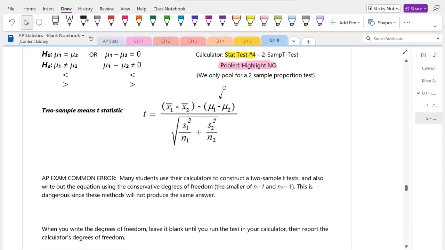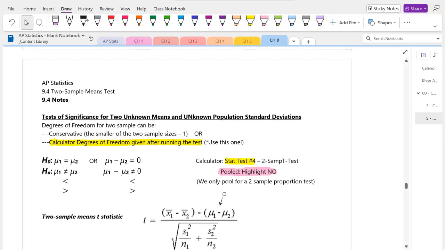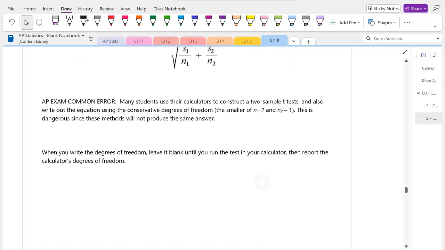So just a quick note, the AP exam common error: many students use their calculators to conduct a two-sample t-test, which we will do. Also, writing out the equation using the conservative degrees of freedom. This is dangerous because these methods will not produce the same answer. So back up here to the top, there are two ways of getting the degrees of freedom for a two-sample t-test, but they will get you different answers.